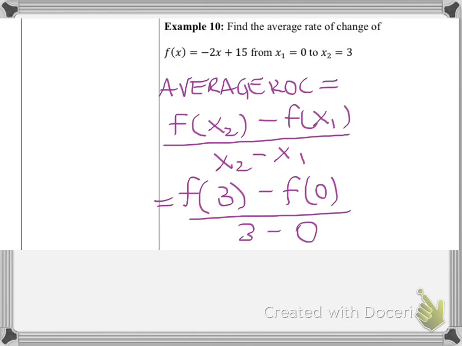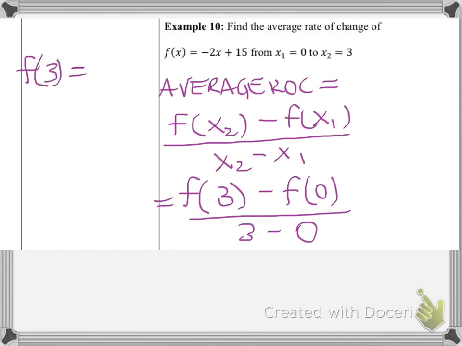Similar to whenever you have an expression where you have to evaluate different inputs, so f of 3, f of 0, f of x plus h, f of 2, whenever you have to evaluate different inputs, you should do it piece by piece, just like we did with the difference quotient. And so on the side here, we're going to evaluate f of 3.